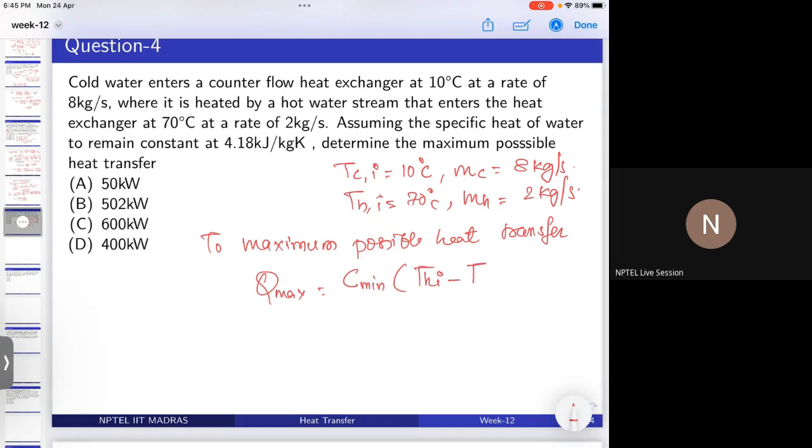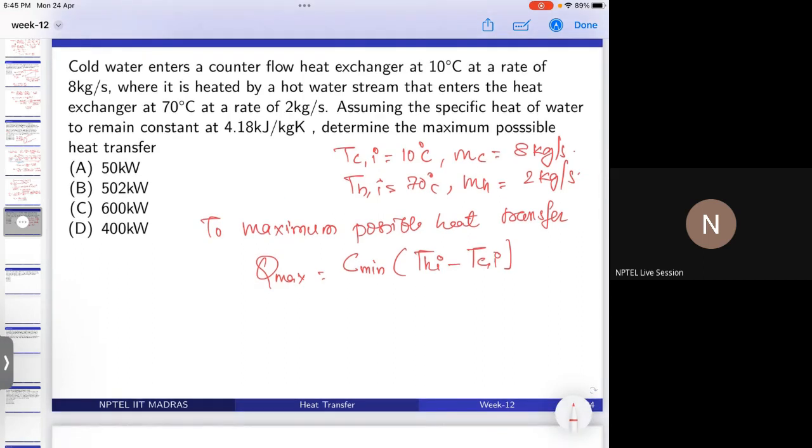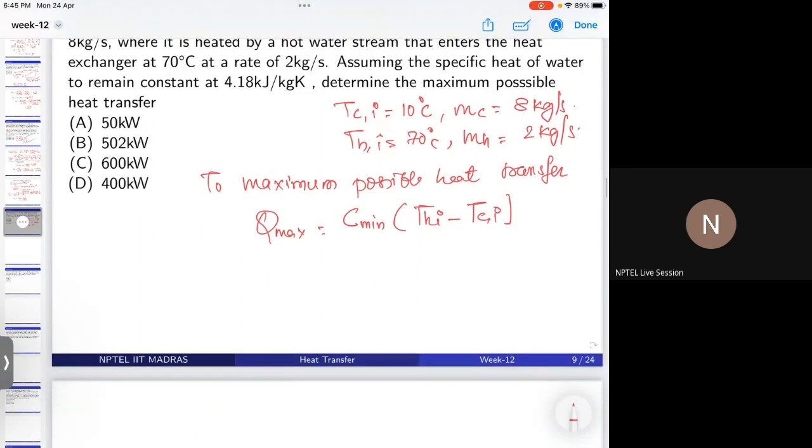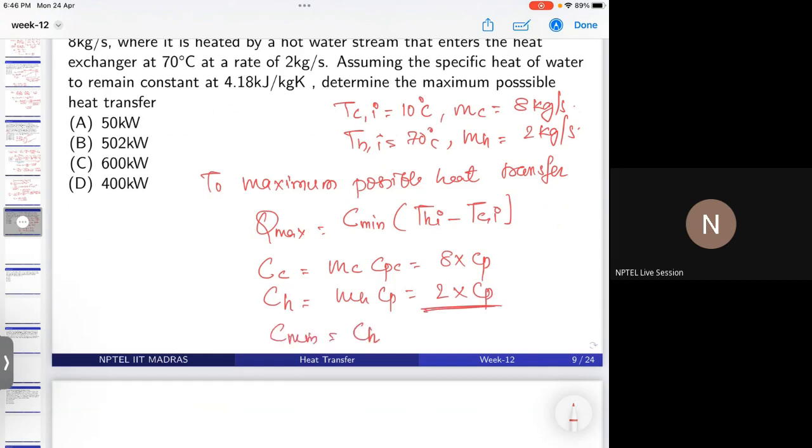THI and TCI, or you can write it the reverse way also. So in this case, what is the heat capacity of the cold fluid? That is mc Cp. Both are water, right? So it's 8 into specific heat, and Ch is mh Cp, that is 2 into Cp. So what is C min? It is the heat capacity of the hot fluid.